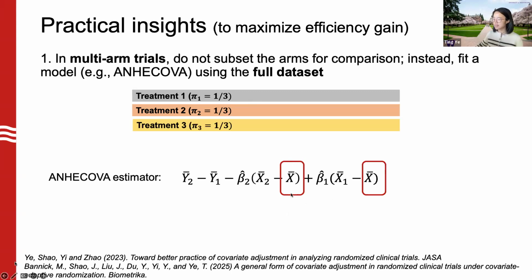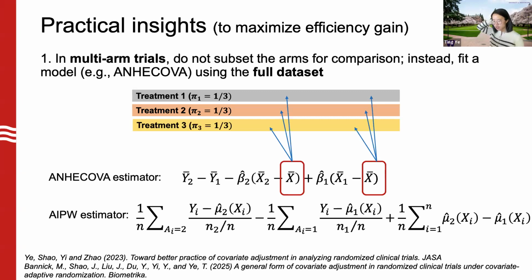So that can lead to noticeable efficiency gain compared to just fitting an ANY-COVA estimator for the 2 arms. So the overall intuition is that the covariate data for the other arms that are not in comparison can help us to improve efficiency, and it's free efficiency gain.